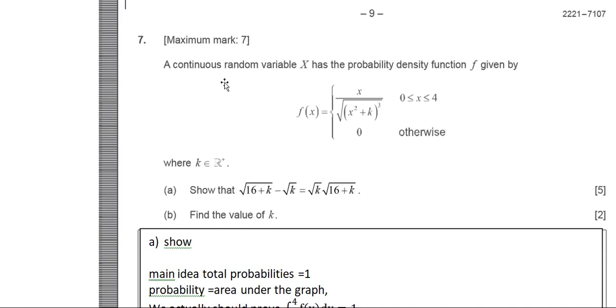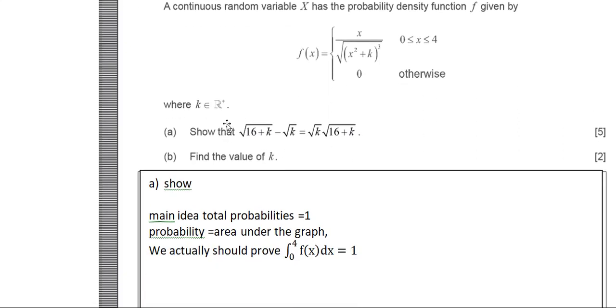Question 7. A continuous random variable x has a probability density function f given by this formula. For the rest of the region, probability is 0. We should show that chi is, by the way, a positive rational.